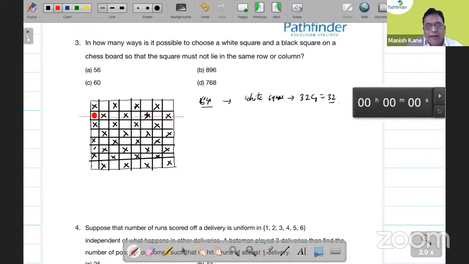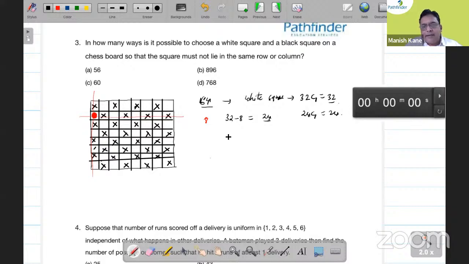Sorry, I can't choose a black square in this row or in this column. So how many black squares I cannot choose? 1, 2, 3, 4. 1, 2, 3, 4. I can't choose 8 black squares. Correct? So out of 32, I can't choose 8. So I can choose black squares in 24C1 or 24 ways.